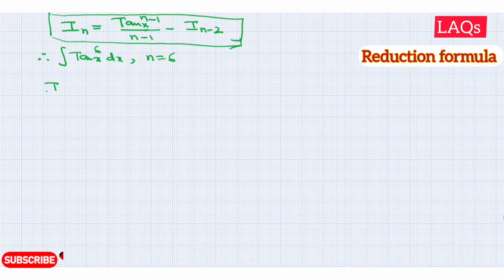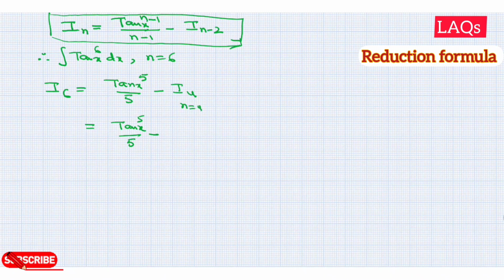So I6 is equal to tan x power 6 minus 1, which is 5, by 5, minus I(6 minus 2), which is I4. So it equals tan x power 5 by 5 minus I4.